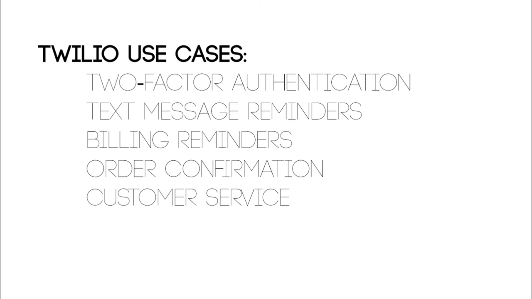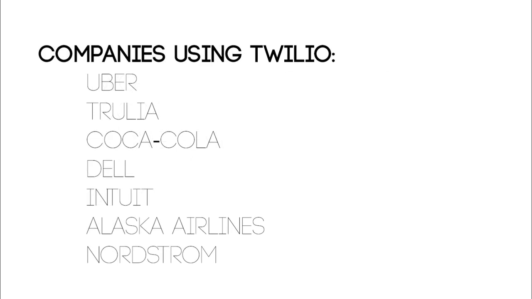Another one could be text reminders. I can't think of a specific example, but if you have an appointment for a hair salon or something, they could have a system that says, hey, you have an appointment today at 2. It could go on and on. You could really do a lot with this, and that's just the text messages, and you get into all the phone calls and everything like that.